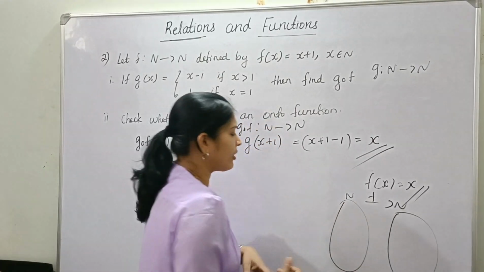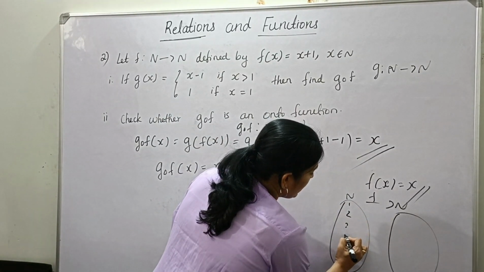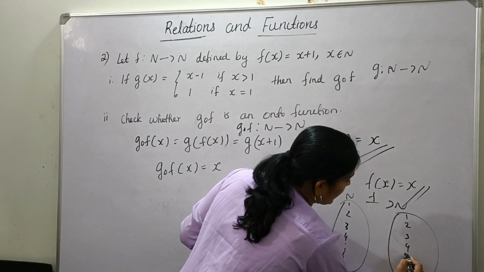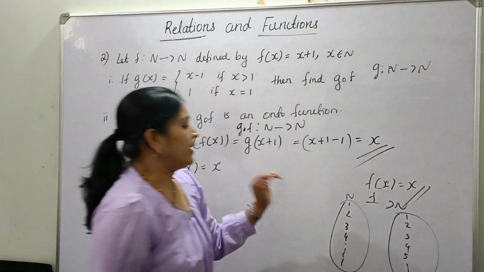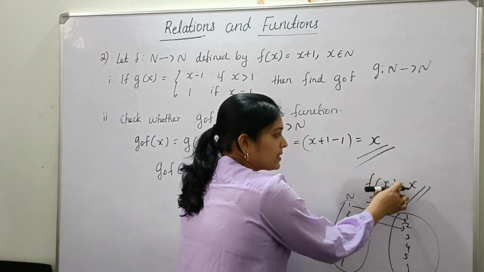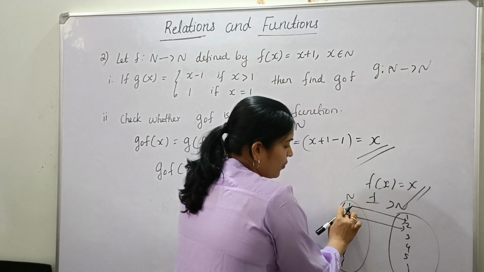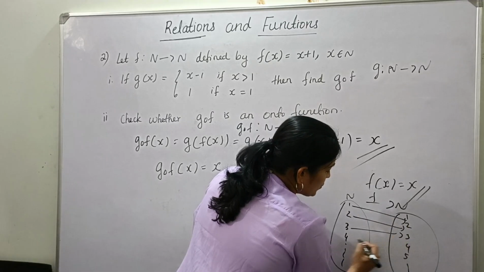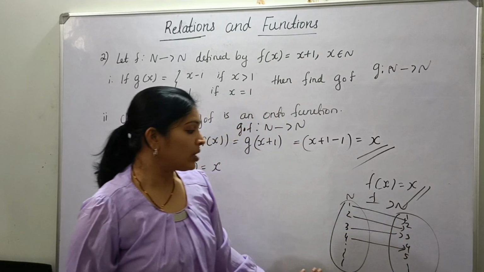N to N means starting from 1, 2, 3, 4, etc. Here also 1, 2, 3, 4, 5, etc. So the image of 1 is 1, image of 2 is 2. Why? Because f(x) = x, so f(1) = 1, f(2) = 2, f(3) = 3, f(4) = 4.